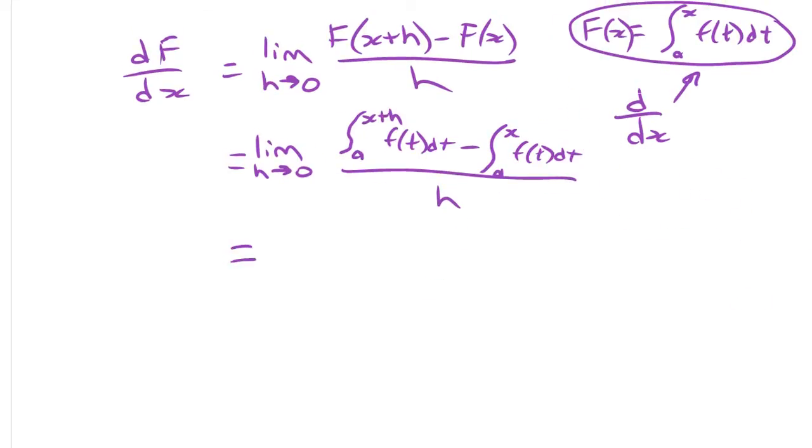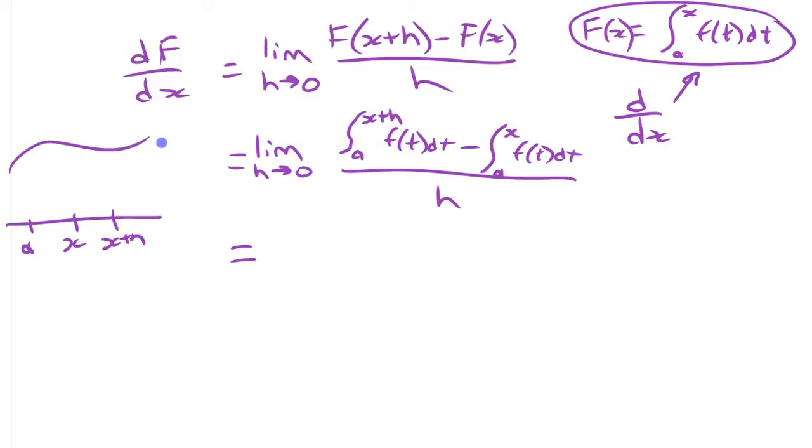Specifically what I mean by that is you can combine these two integrals. If you have this integral from a to x plus h, and you have this integral from a to x, think about it if you had it on an axis. I'll draw a little thing over here: a, x, x plus h.